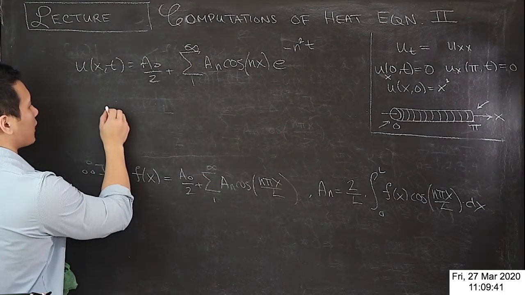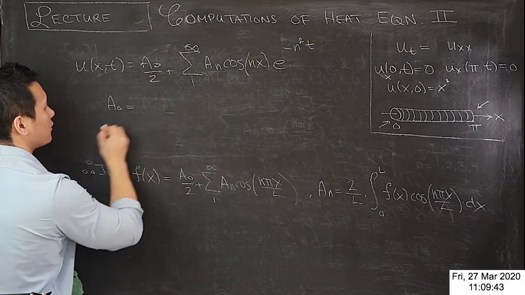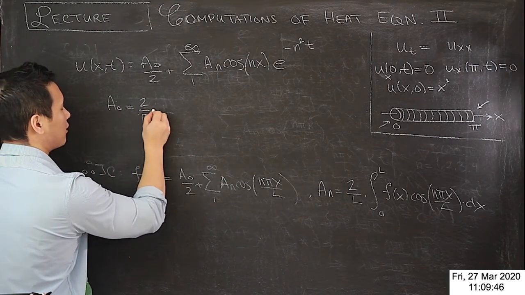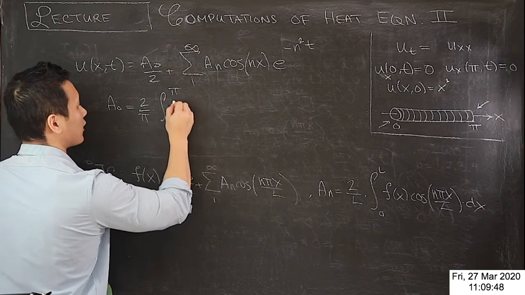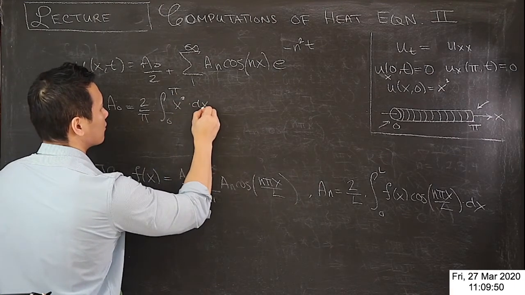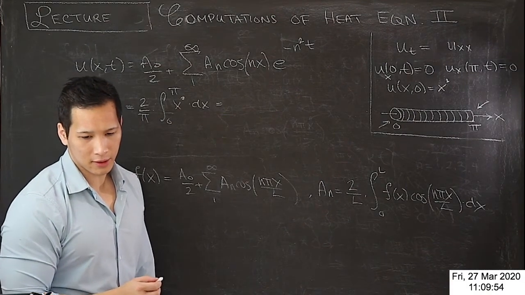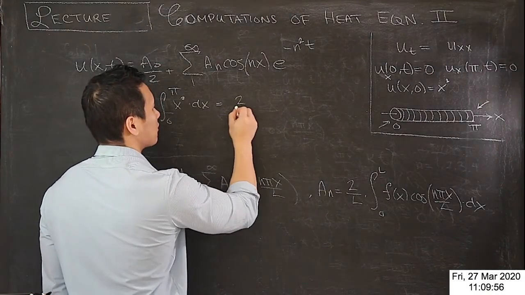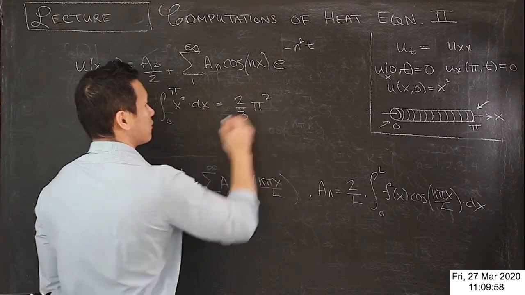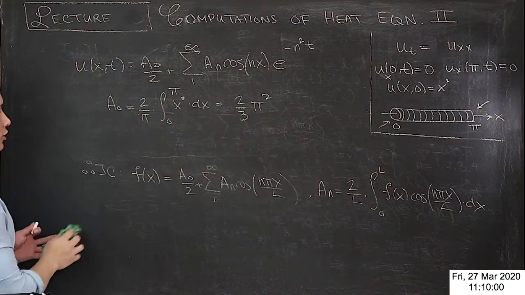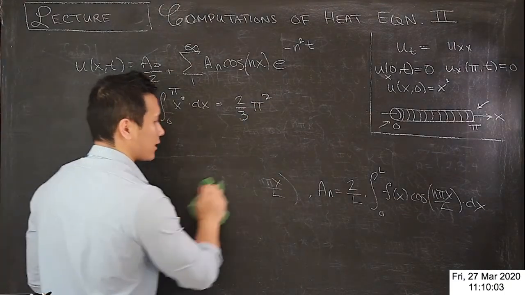And then I can verify, so I have to do the calculations. So a_0 is 2 over pi, an integral from 0 to pi of x squared dx. Okay, and you can verify that this is basically 2/3 pi squared. And then I have to do the other calculation for the a_n's.